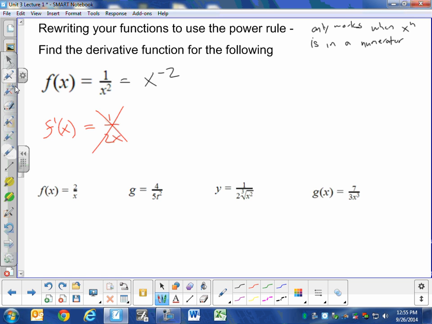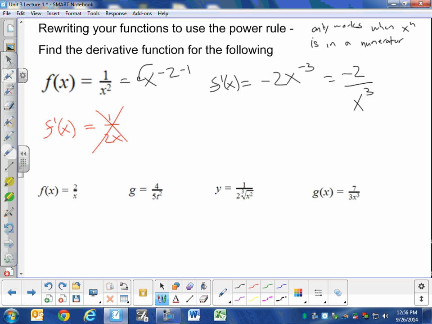Well, now I can use the power rule to say that f prime is equal to negative 2x. Now, negative 2 minus 1, negative 3. Make sure you don't say that's negative 1. Adding a negative 1. So that's the same as negative 2 over x cubed, which is entirely different than 1 over 2x.